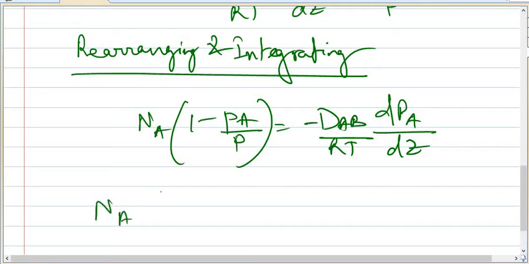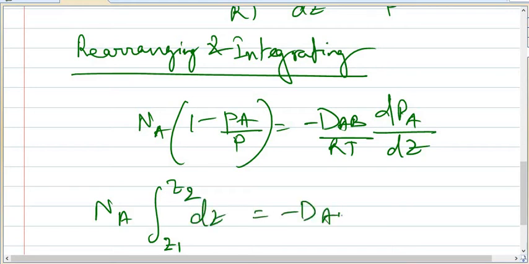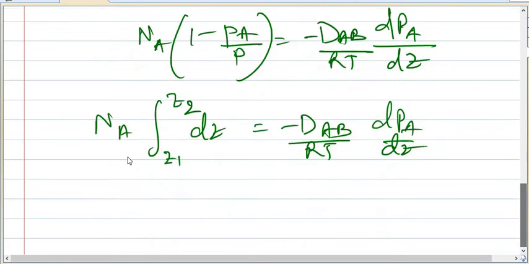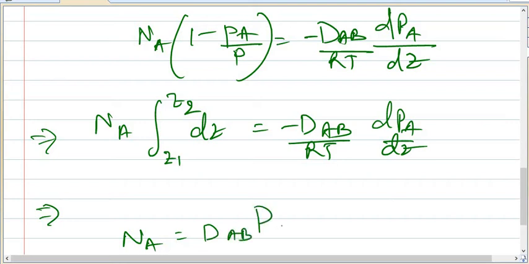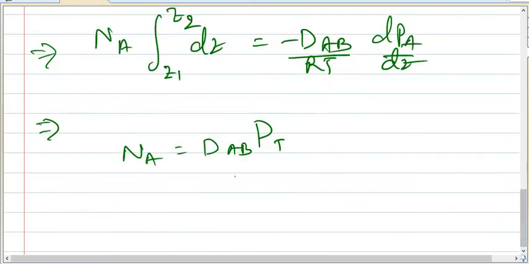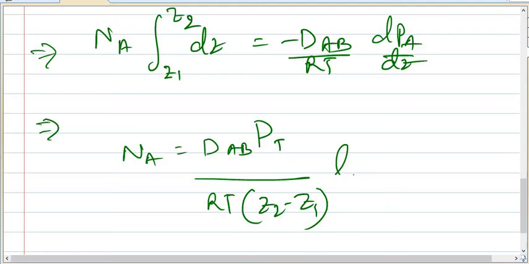Integrating NA dZ from Z1 to Z2, the distance which has been traveled, is equal to minus DAB by RT dPA. Again on solving, NA is equal to DAB times PT, the total pressure, divided by RT (Z2 minus Z1), times ln of the ratio, solving the integration of dPA from PA1 to PA2.